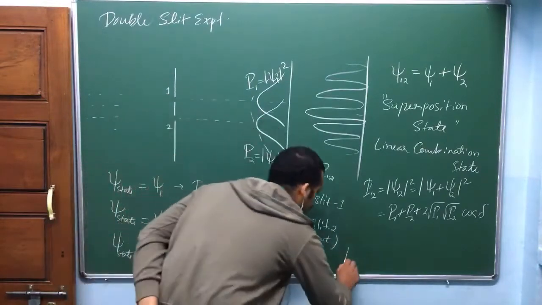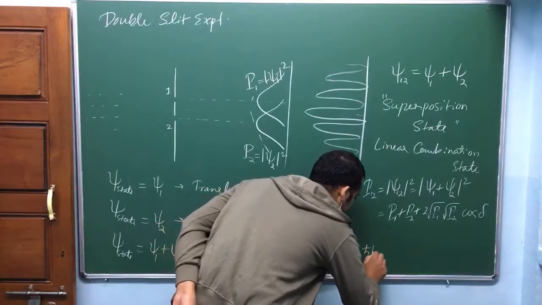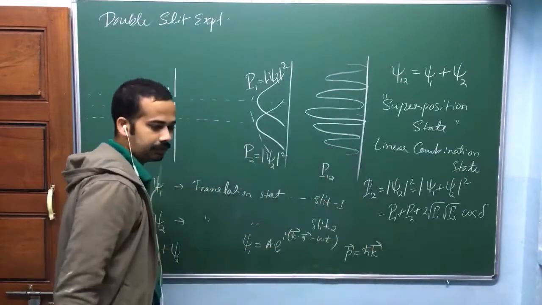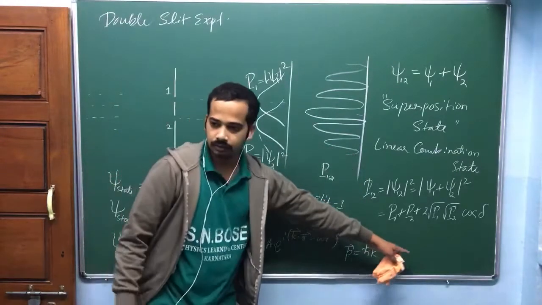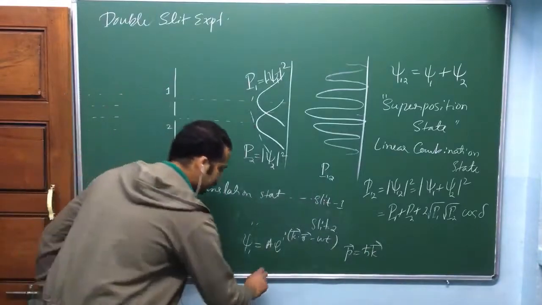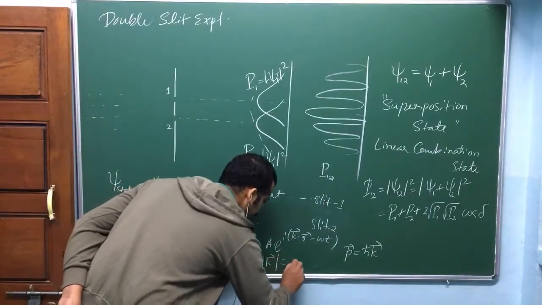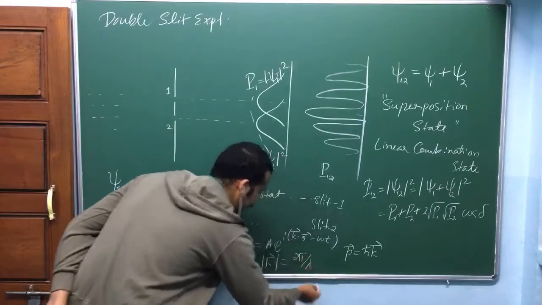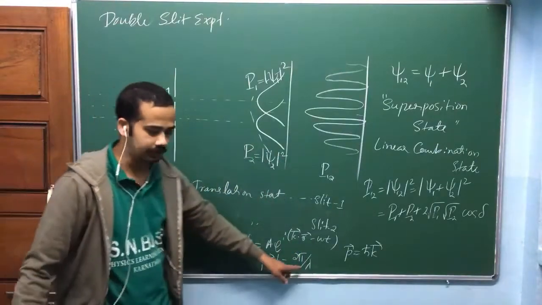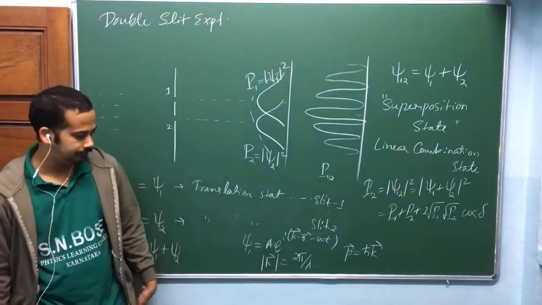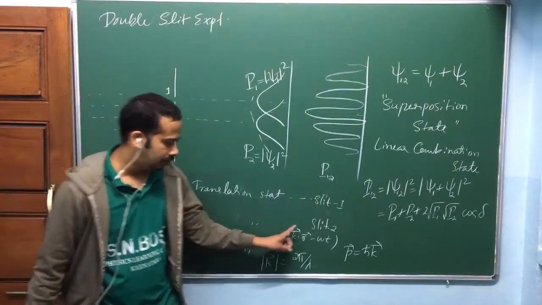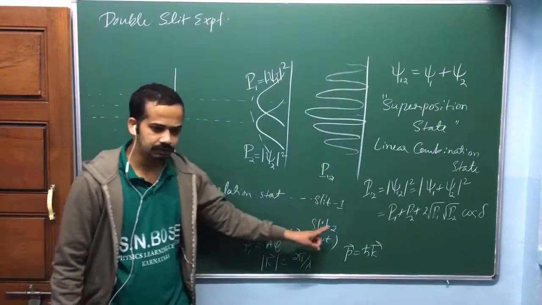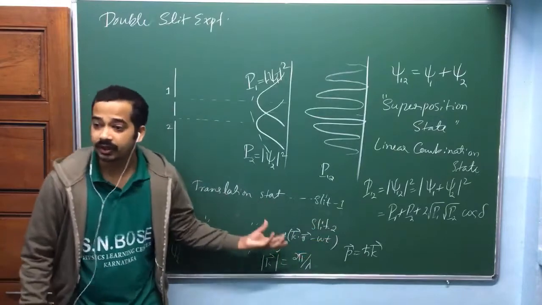That momentum is equal to h bar into k. Again, it will satisfy your de Broglie hypothesis. Suppose you write mod k is equal to 2 pi by lambda, where lambda is your de Broglie wavelength here. Is that okay? So this is exactly similar to the functionality.